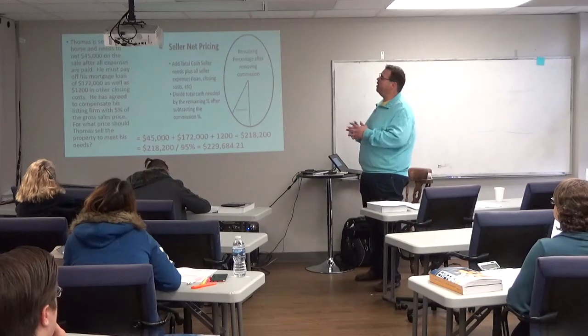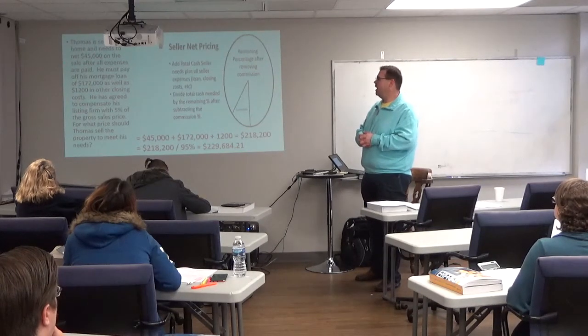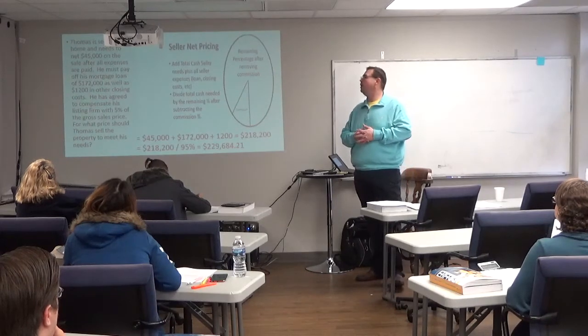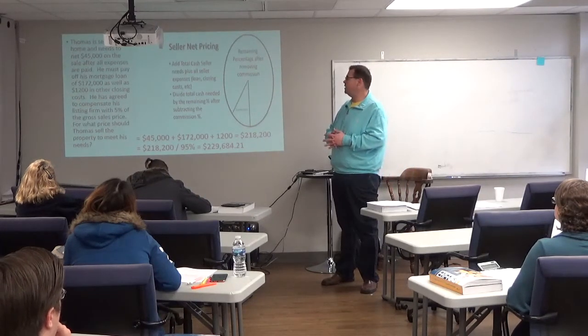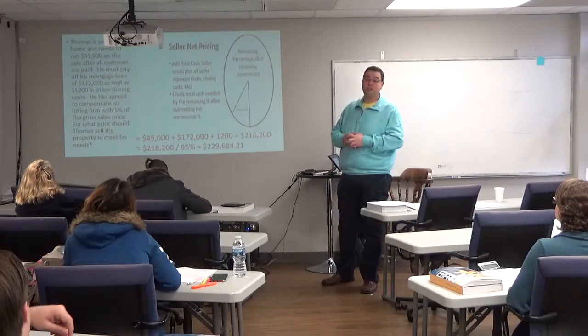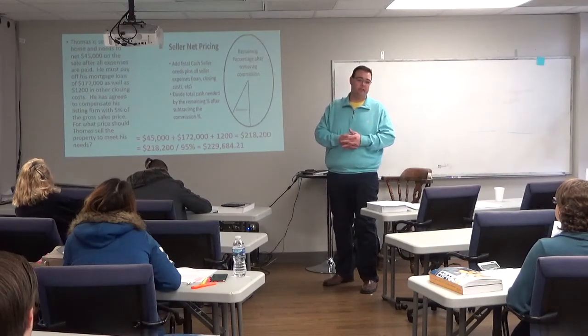He must pay off his mortgage loan of $172,000 as well as $1,200 in other closing costs. He's agreed to compensate his listing firm with 5% of the gross sales price. For what price should Thomas sell the property to meet his needs?